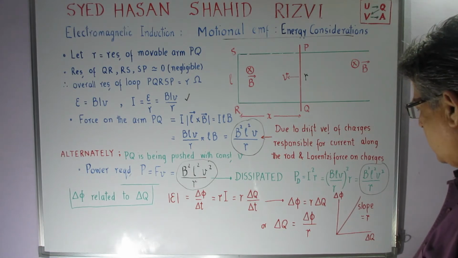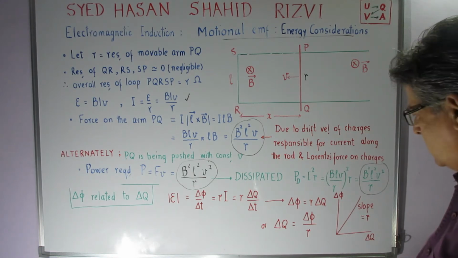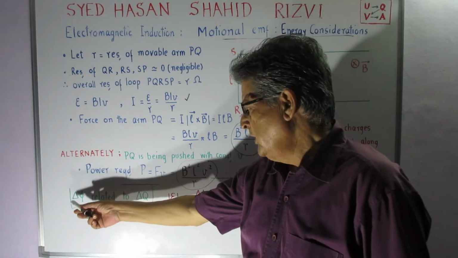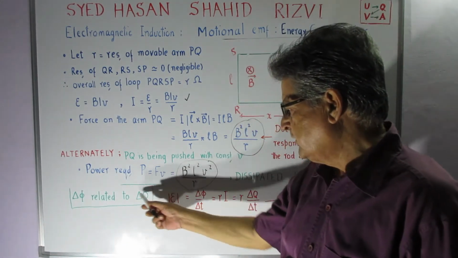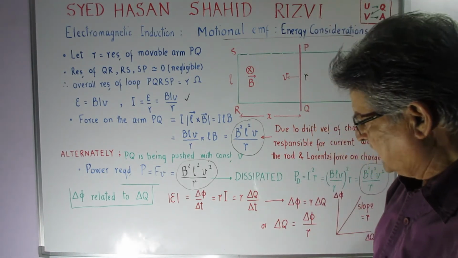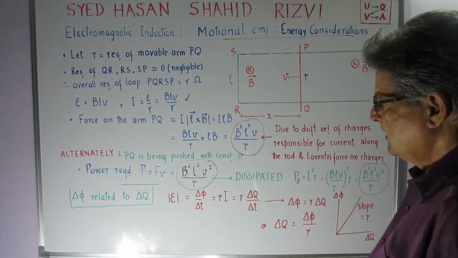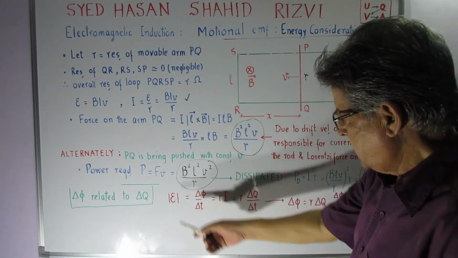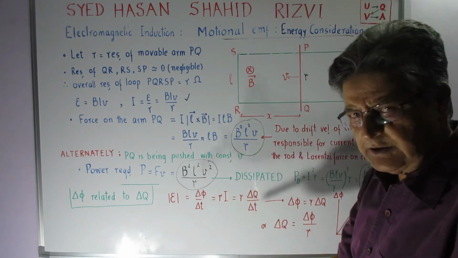Now one more thing. How is delta phi related to a change in the value of charge? Look here, it's very simple. The magnitude of EMF is equal to delta phi upon delta t.